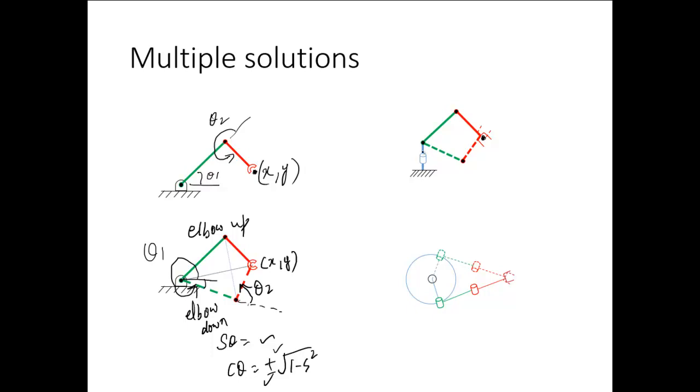The other configuration could be this solution, which is something like this from the top view. So if this is the configuration, you have elbow up and elbow down, two solutions here, and elbow up and elbow down for this solution, so 2 plus 2, 4 solutions for this type of robot. Alright, so for complicated robots you have multiple solutions.